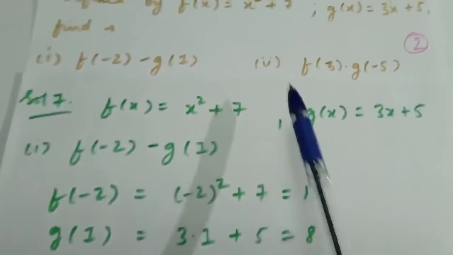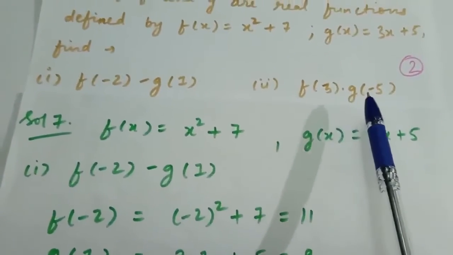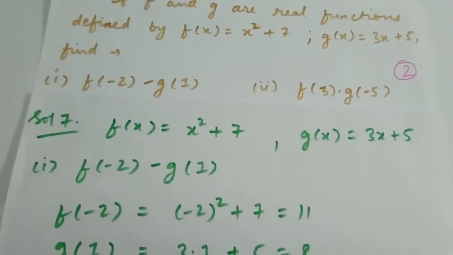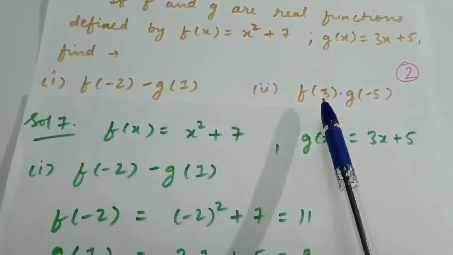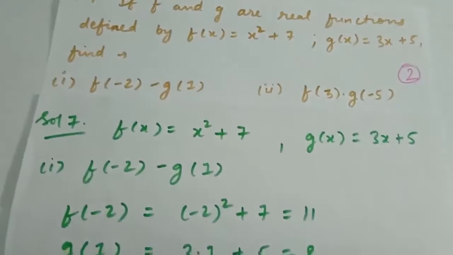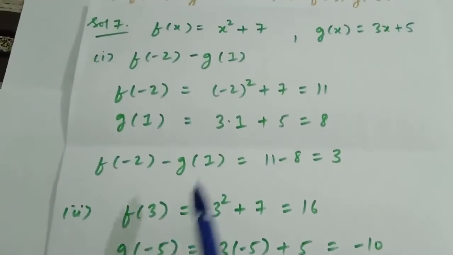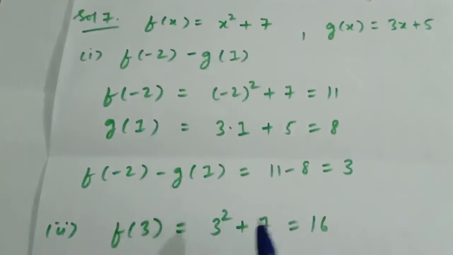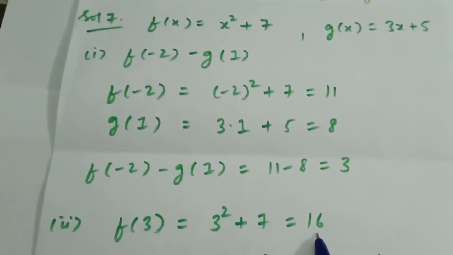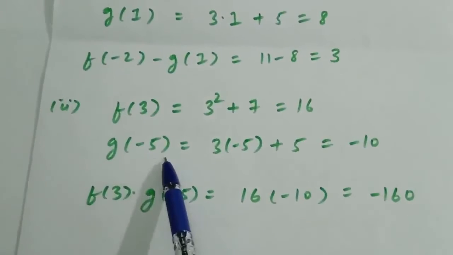Okay. Now second part, f(3) into g(-5). So for this we need the values of f(3) and g(-5). So f(3) will be, in place of x put 3 square plus 7, which is 16, and then you will find g(-5).